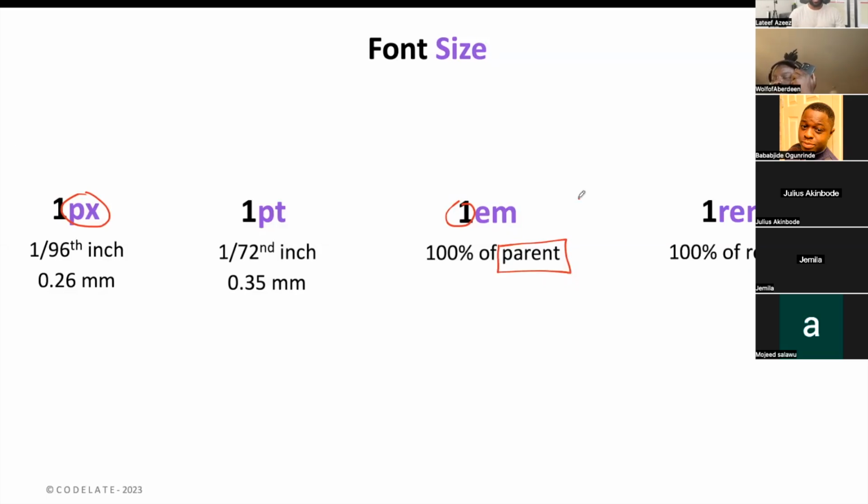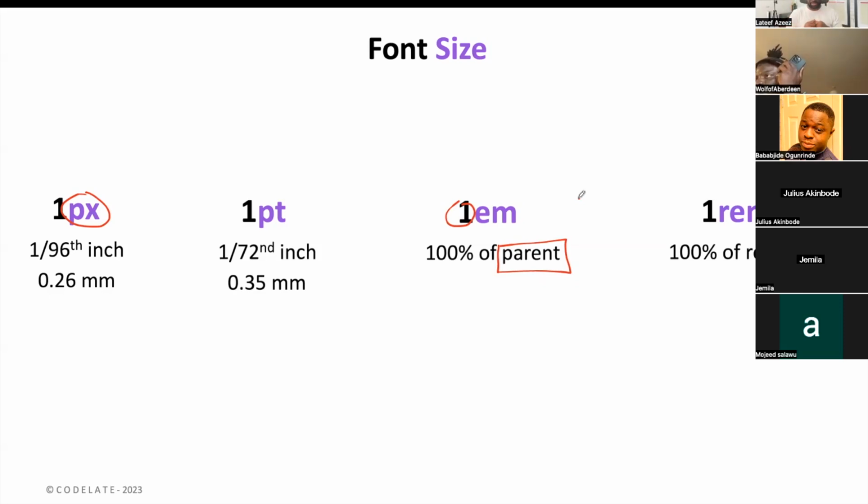Like I said, the EM is a percentage of the size of the parent element. But we can also use REM. The REM is going to be a percentage of the root element. So if you set one REM, it's going to take 100% of the root element.